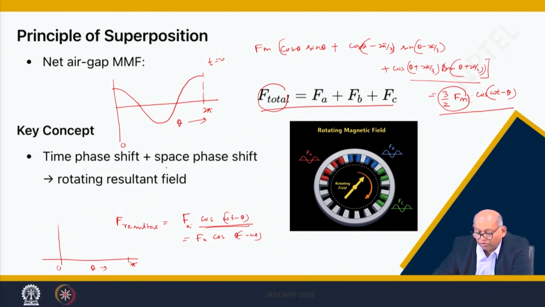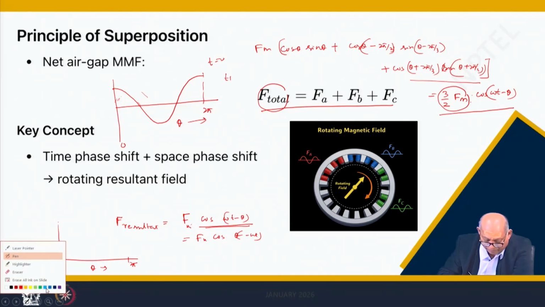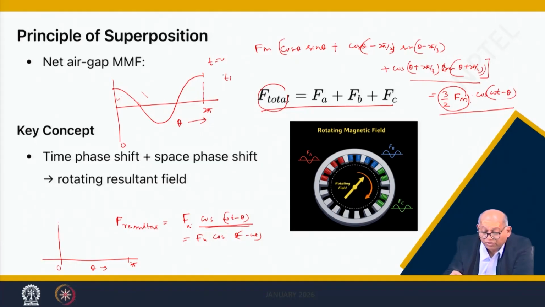If you take t equal to some t1, this whole thing will be displaced. I will use a different pen color. So at t equal to t1, this becomes cos of omega t1 minus theta, or cos of theta minus omega t1.